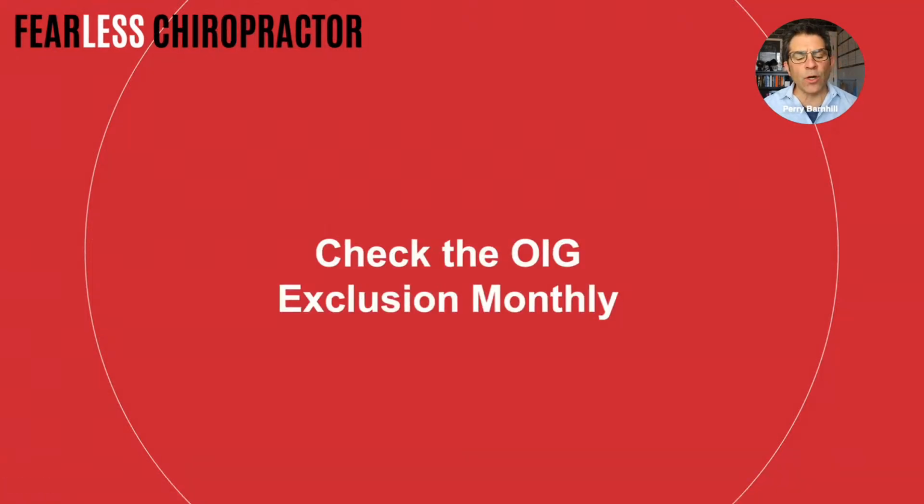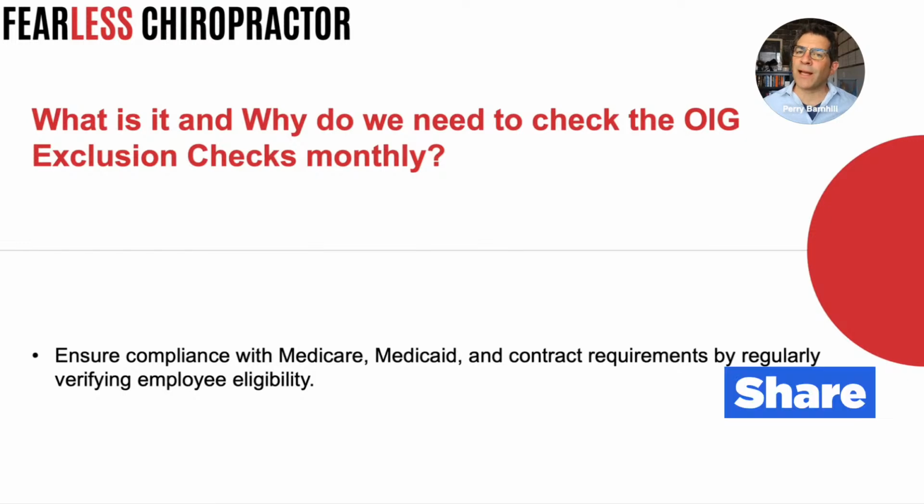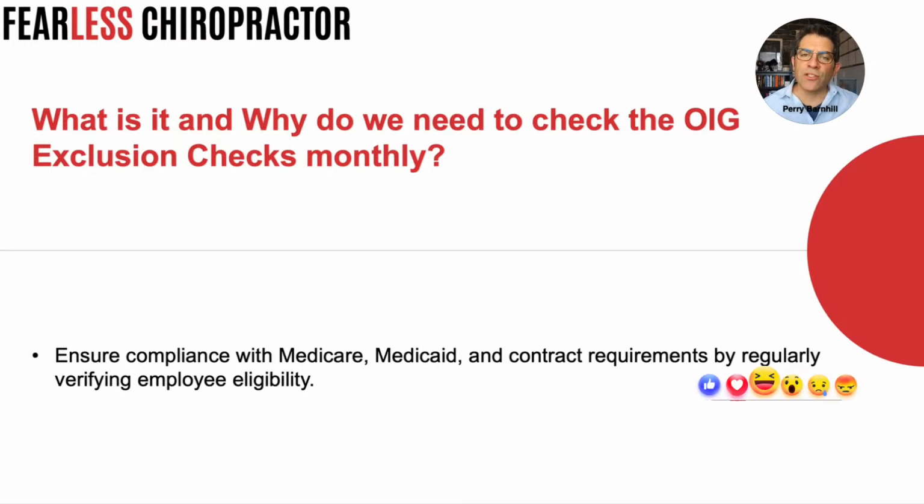So this is something that we're going to check each and every month. What is it and why do we need to check the OIG exclusion list monthly? Here's what it is. Basically, the OIG, the Office of Inspector General, has a list. There's a website to go to, which I'll share with you, that you need to check each and every month to see if any of your employees, or anybody in your office that handles any kind of protected health information, is on this list.